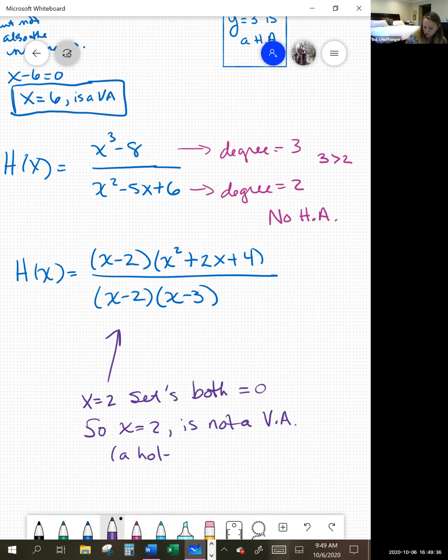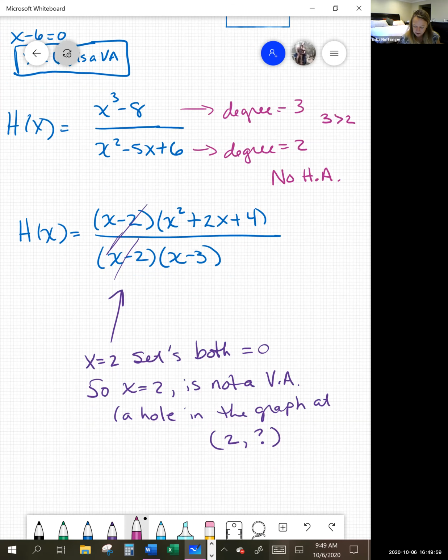It's going to end up being a hole in the graph at x equals 2, and we could figure out that y value by canceling those factors out and then plugging into wherever we saw an x. The value x equals 3, though, just sets the denominator equal to 0. So this is a vertical asymptote.